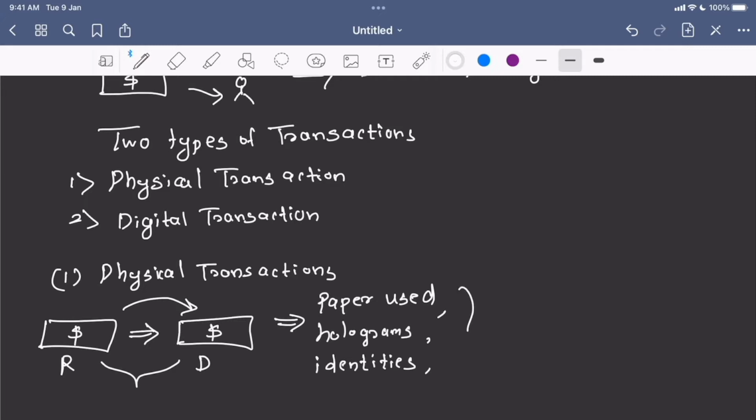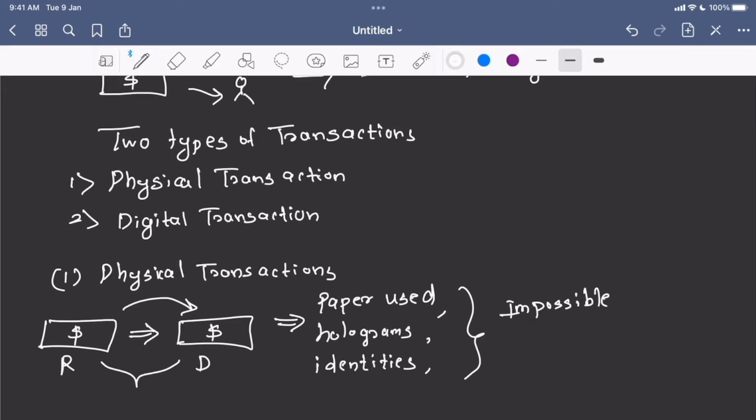Practically, developing the currency while keeping in mind all these factors accurately is very hard. So it is practically impossible. So in this way, in physical transactions, we are not able to duplicate the same currency bill.